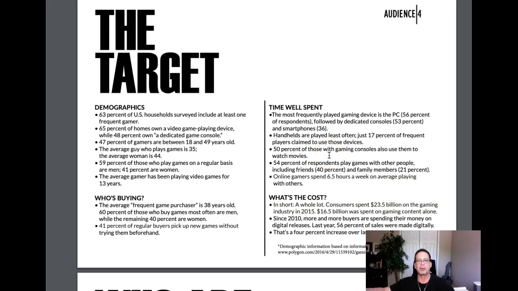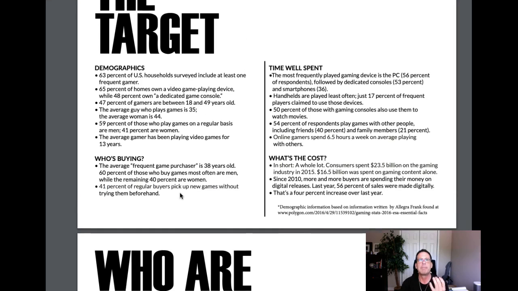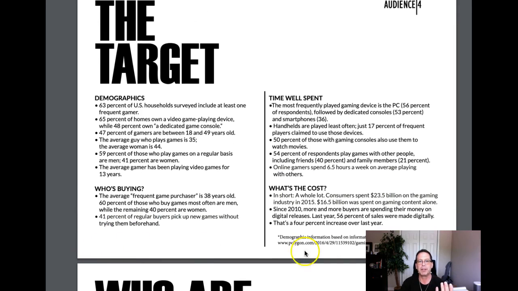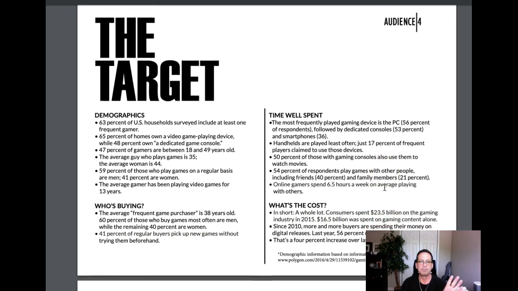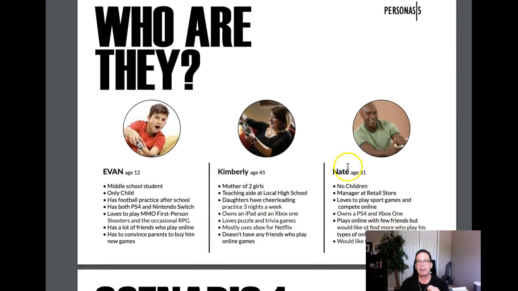But what you want to do is take all of this research here and then compile a target market statement. Based on all of this research, go ahead and post one solid, comprehensive target market statement here based on all of the research that you have included. Okay. Who are they? Great job on your personas.